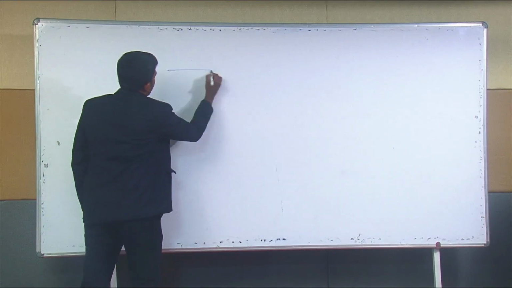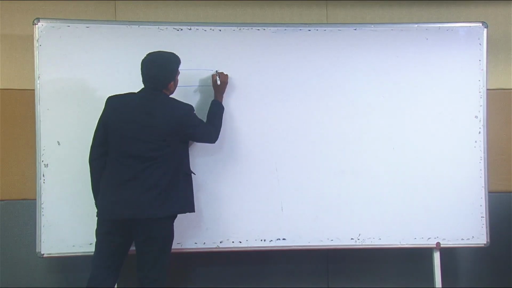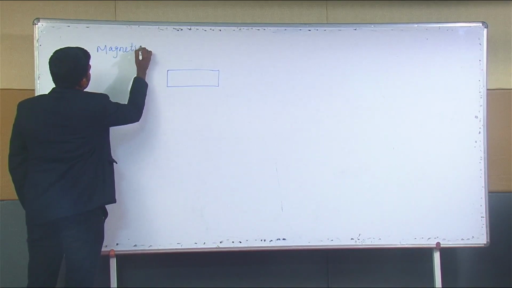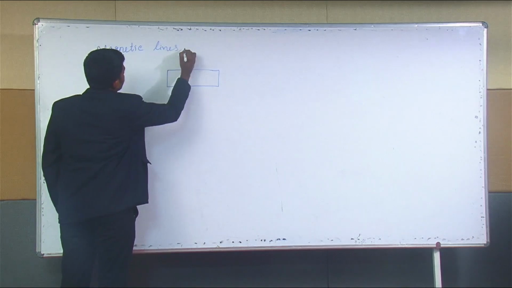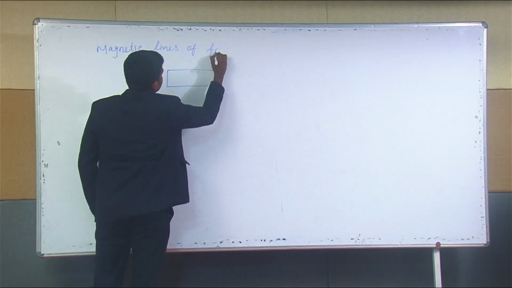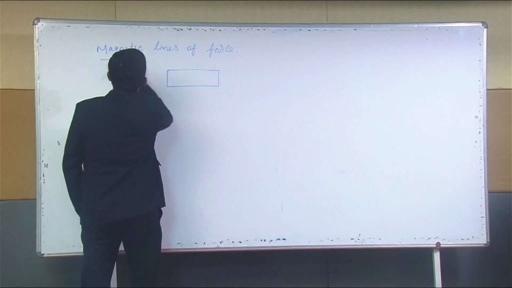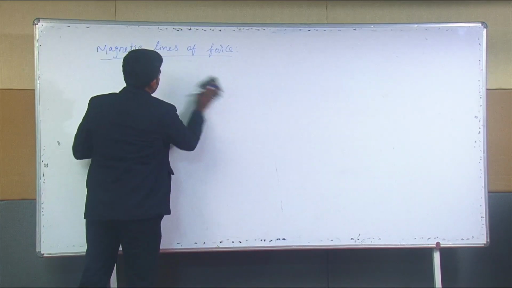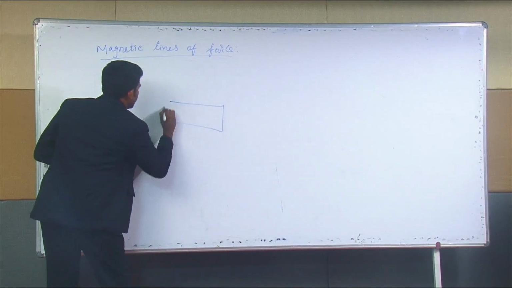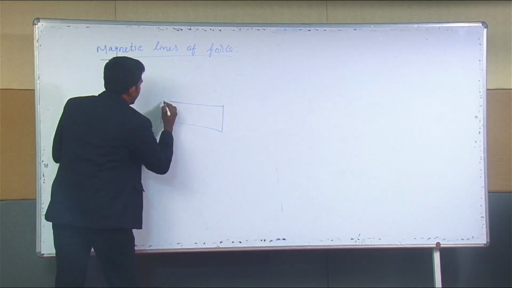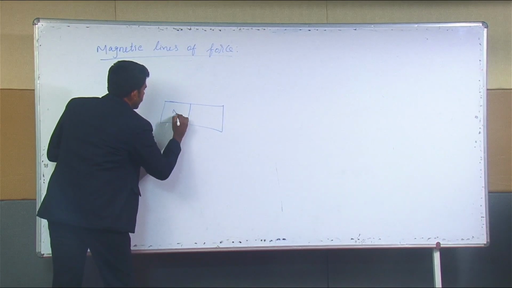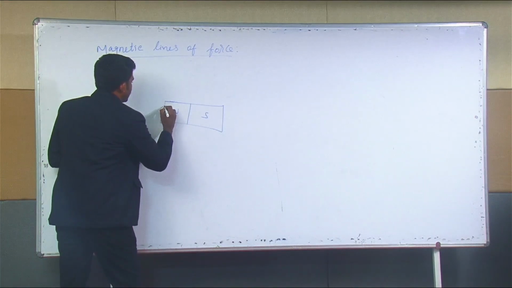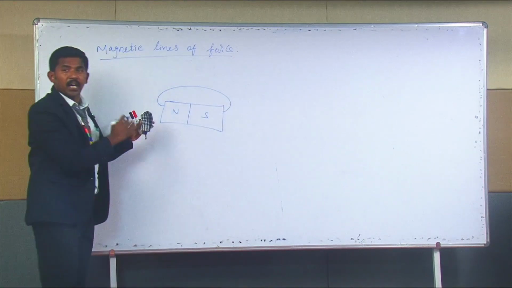Consider the bar magnet, with the north pole and the south pole. As we know, the magnetic lines start like this. It is a continuous curve.